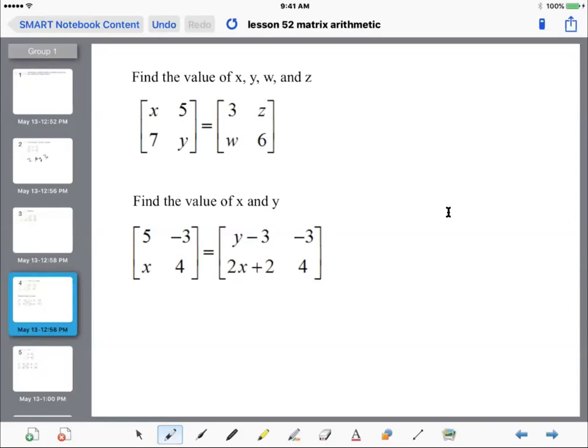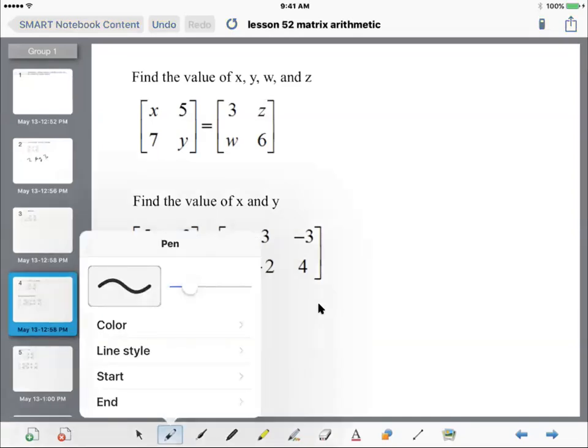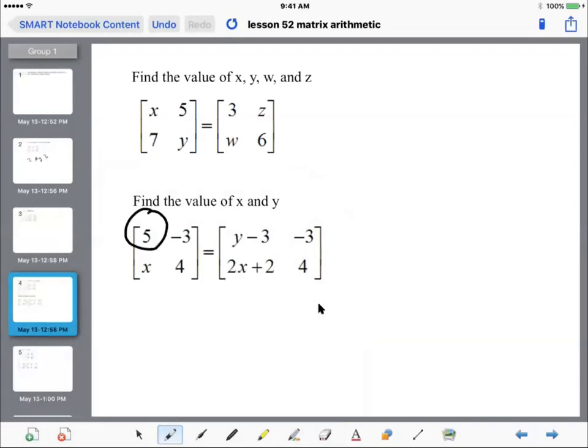That's right. So another thing you can do is here, it's a little more complicated in the second one. I have 2 equal matrices, and based on this, they wanted to know what the value of X and Y are. It doesn't really become a system of equations because the 5 is the Y minus 3.